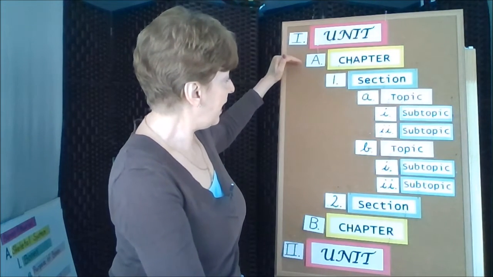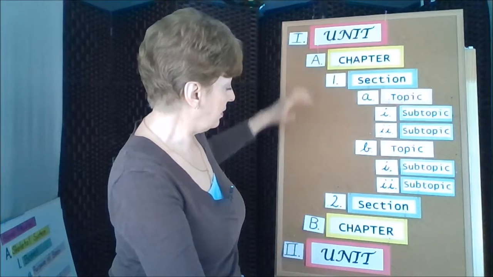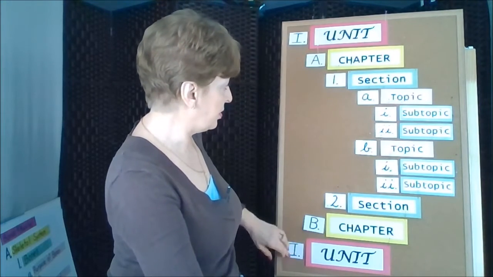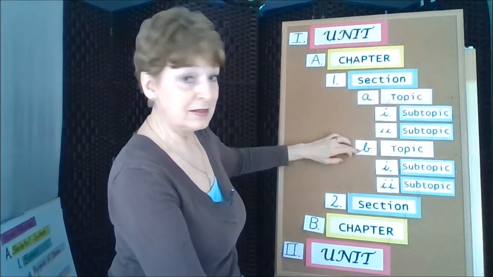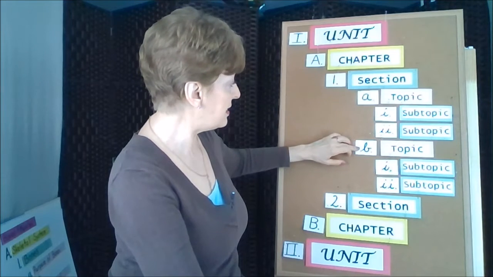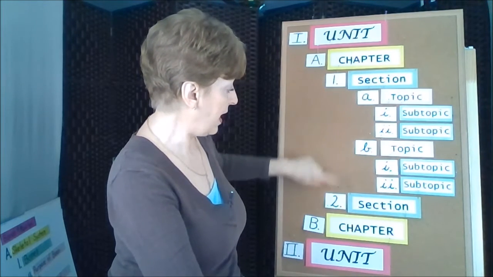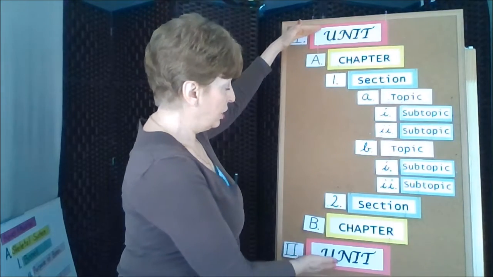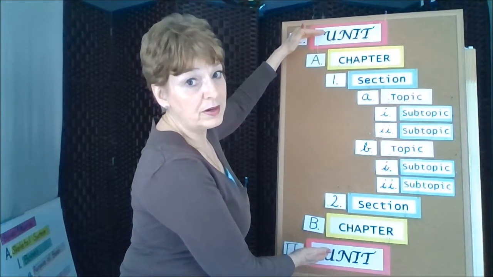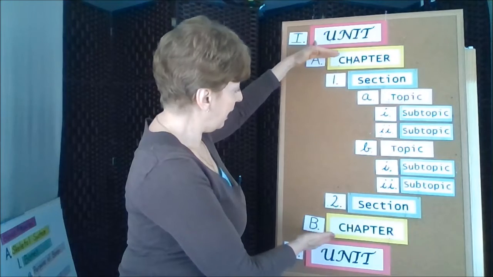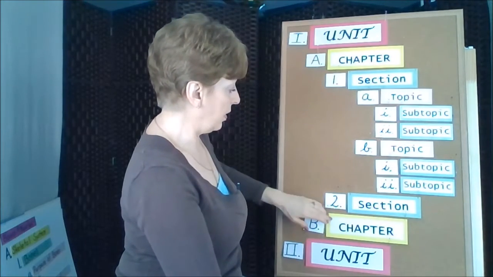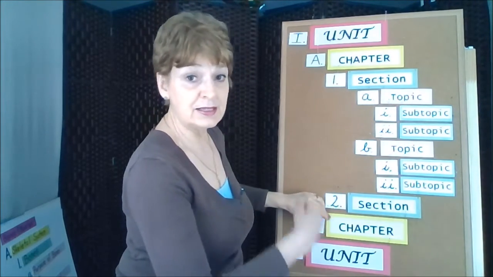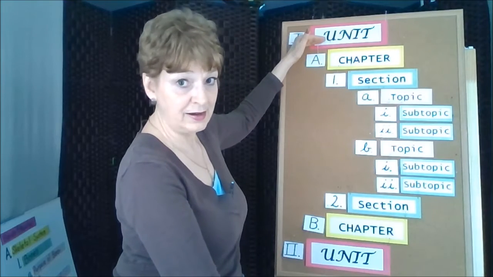The ones that have the capital letters, the 2 Roman numerals, the 2 lowercase letters, the 2 Arabic numbers, basically is saying that the units are of equal importance to each other. The capital letters are of equal importance when they're under the unit title.